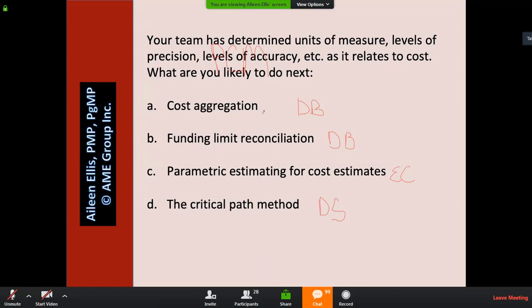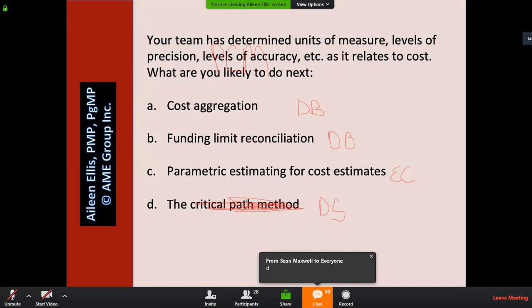Or which of these four answers occurs before plan cost management? Would everyone agree develop schedule occurs before plan cost management? So answer D is wrong.